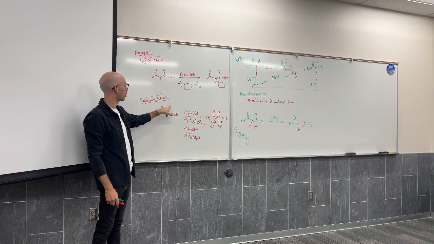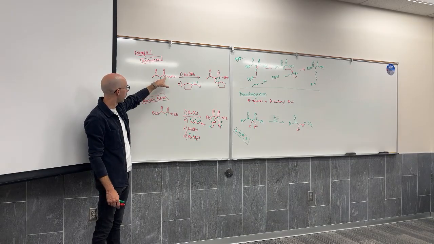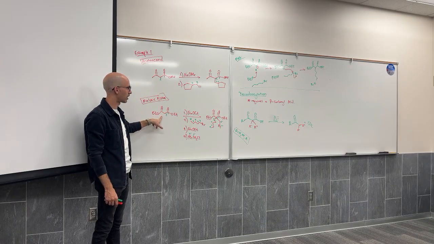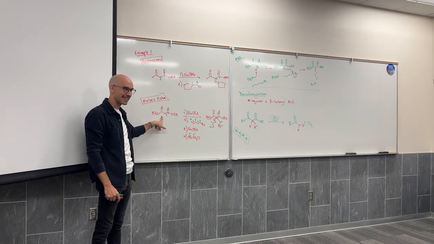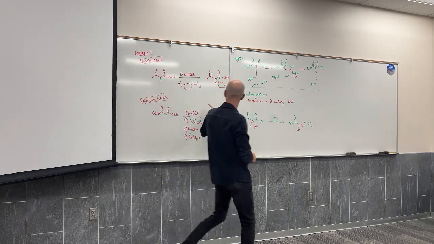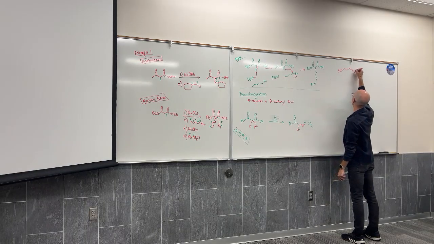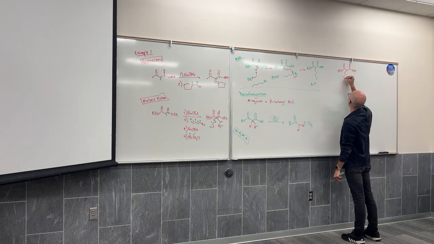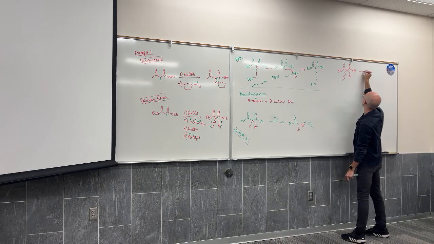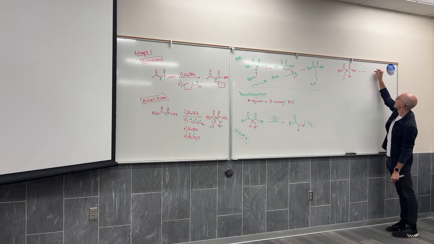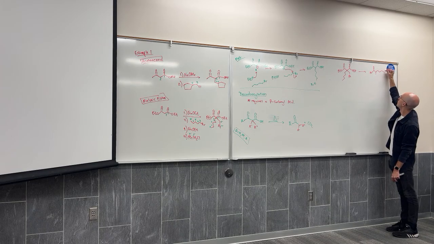They both have a carbonyl at their beta position, but they're not beta carbonyl acids. So how could I take something like this last product we have, and how could I get this down to something like this?